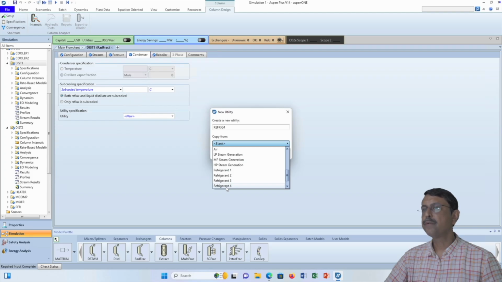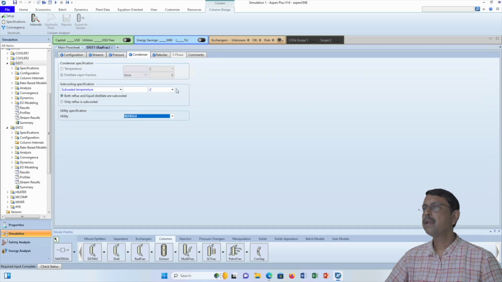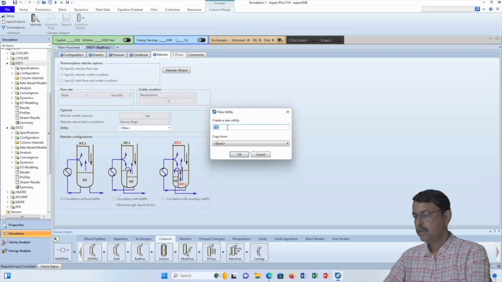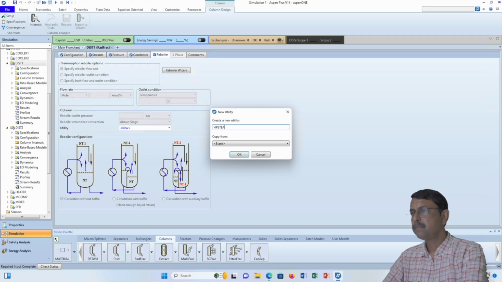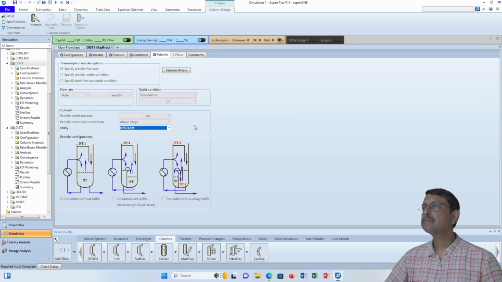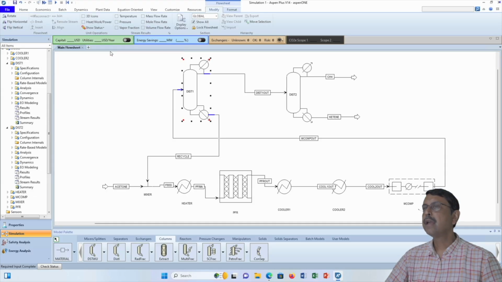Okay. And the reboiler heats up with high pressure steam, right? So again, we will use a new one. We write HP steam, which actually is high pressure steam. So that's how the utilities for condenser and reboiler are fixed.